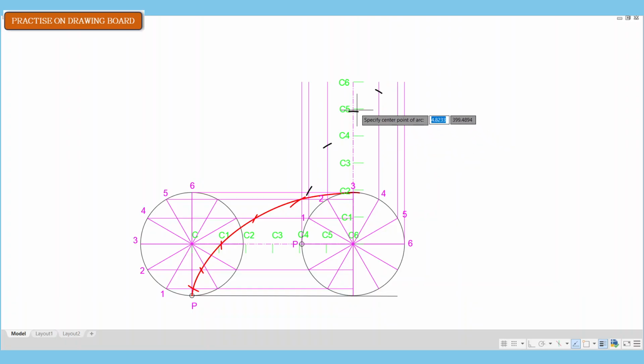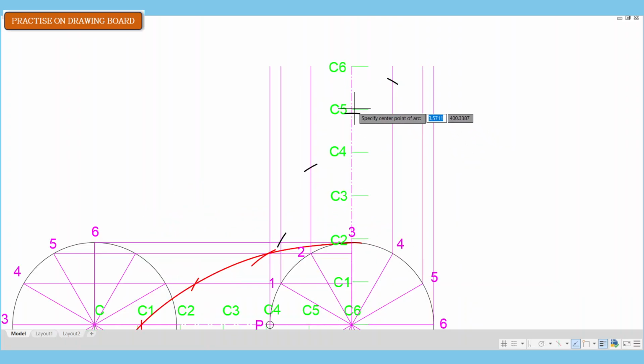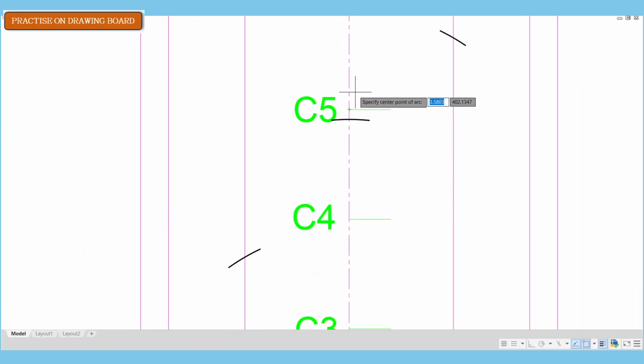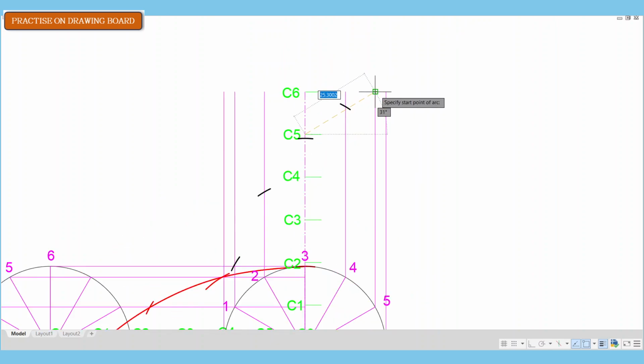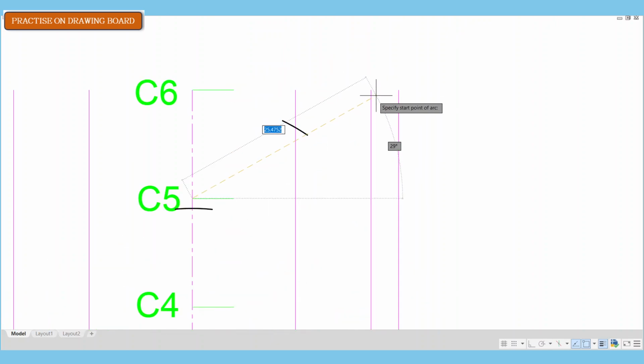Next, we go to center 5. And we look for the fifth vertical line with the radius maintained at 25.